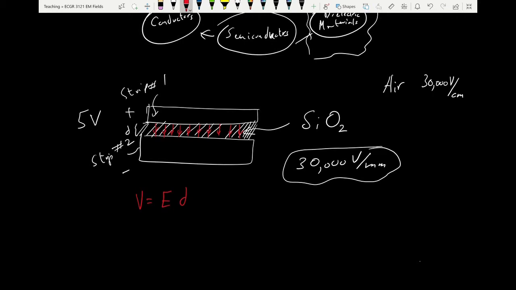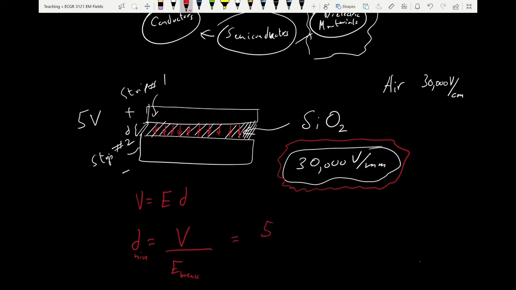And we know that this is the breakdown field intensity for this material. So I can go back and say d equals d minimum equals V, which is 5 volts in this case, over E breakdown.